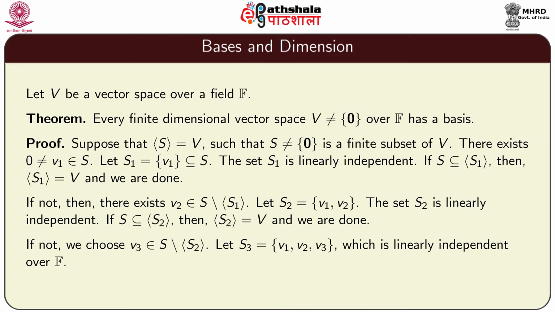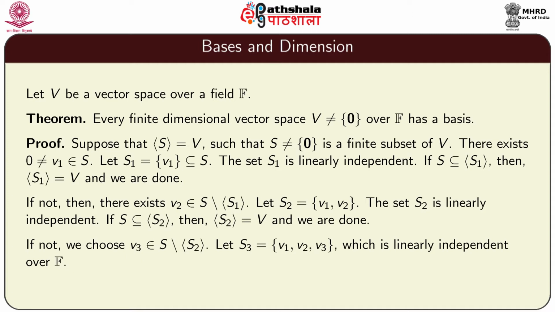So, let S be a finite spanning set, and S is of course not the trivial one, because then it cannot span a non-trivial vector space. So, there must exist at least one non-zero vector V1 in S. Let us call this singleton V1 to be the set S1, which is a subset of S.